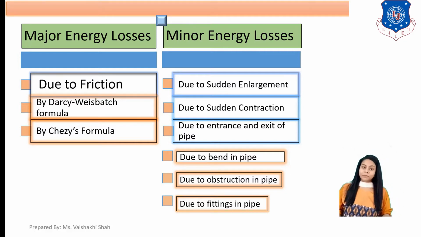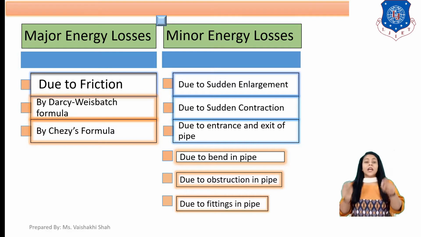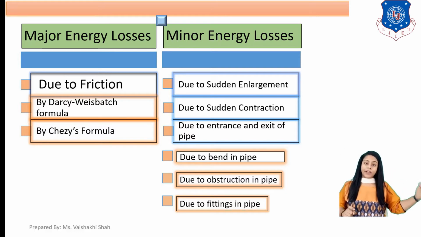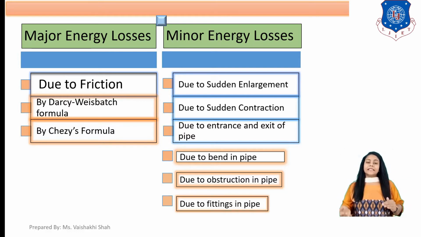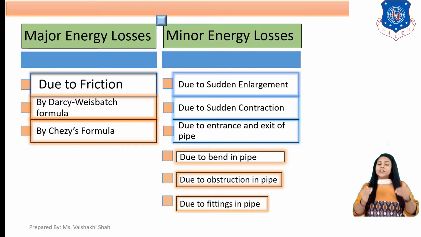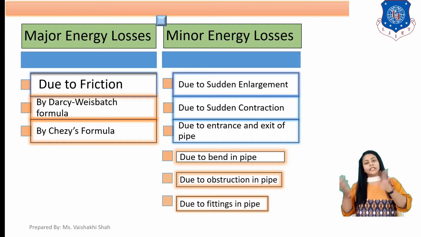In this chapter we are going to study major energy losses due to friction mainly by two theories, where first is the Darcy Weisbach equation and second is Chezy's formula. So major energy losses due to friction can be found by these two equations, and on the other side, minor energy losses.